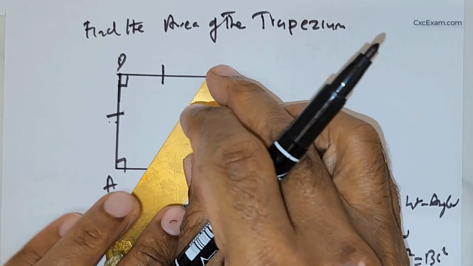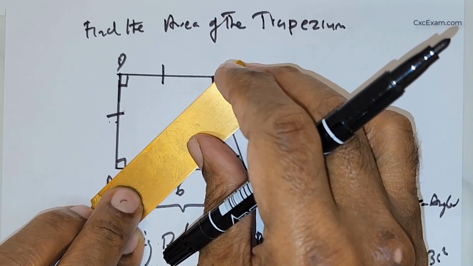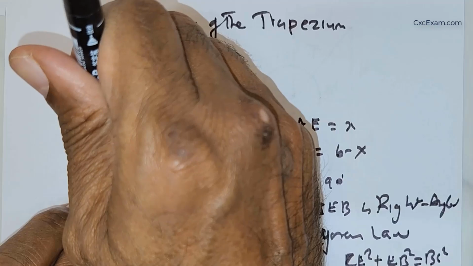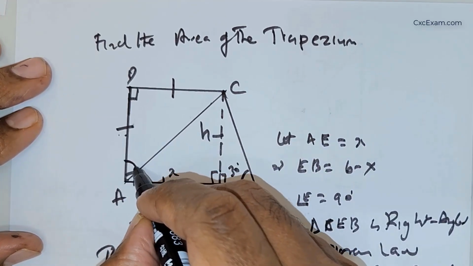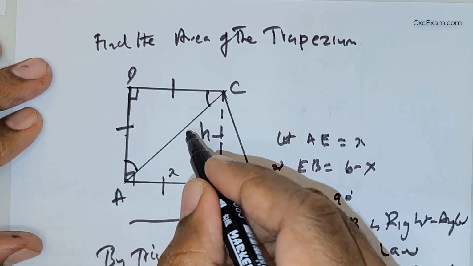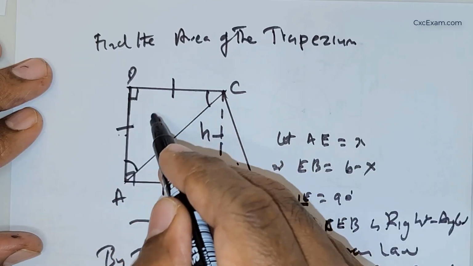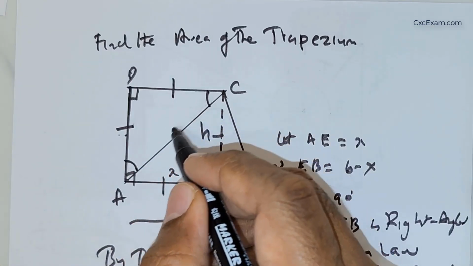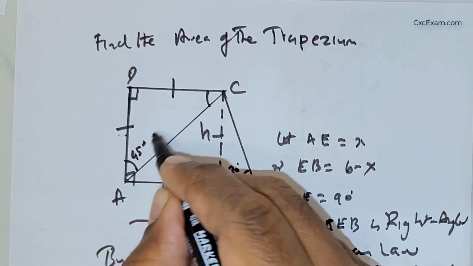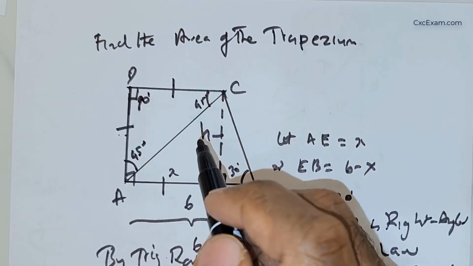If I were to draw the diagonal for this, then clearly this and this have to be the same, and we know this entire angle is 90, and since these two sides are alike, the angle made by these two sides should also be the same. So it's going to be 45 degrees, 45 degrees, and subsequently this will be 90 degrees.